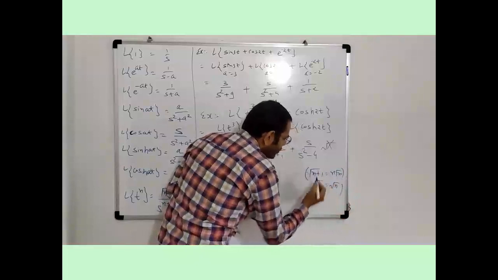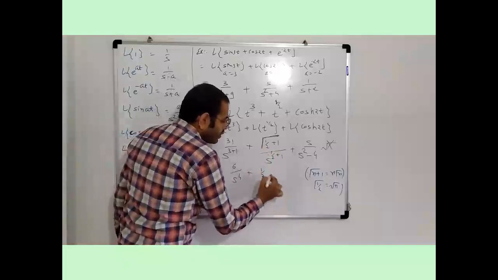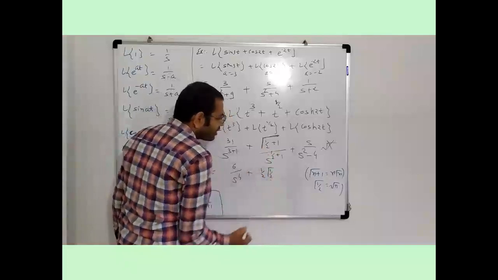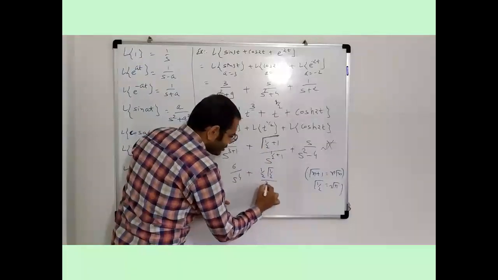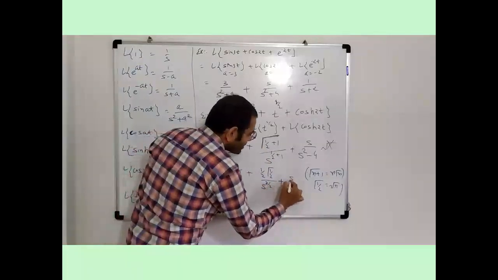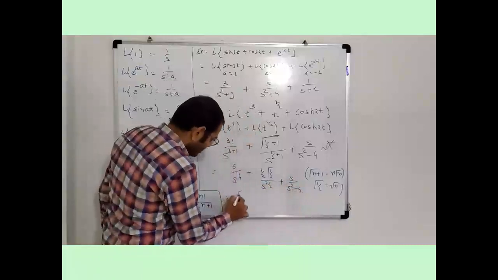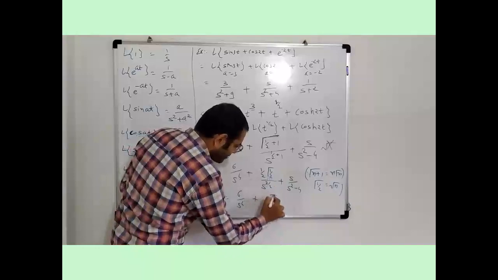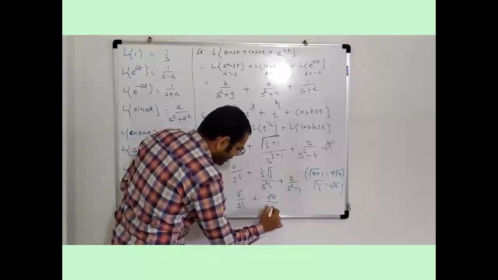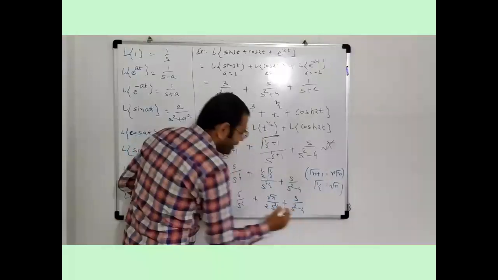Substituting this value, gamma 3/2 equals 1/2 gamma 1/2, so we get root pi by 2 upon s raised to 3/2, plus s upon s square minus 4. So the result is 6 upon s raised to 4 plus root pi by 2 s raised to 3/2 plus s upon s square minus 4.